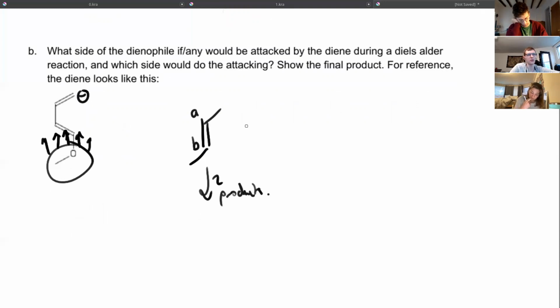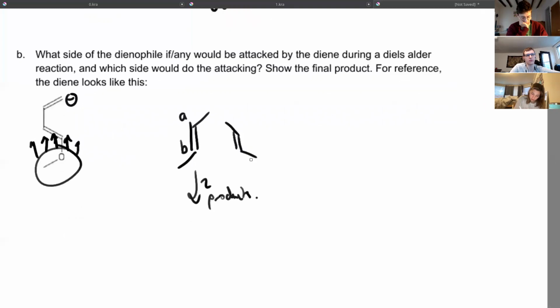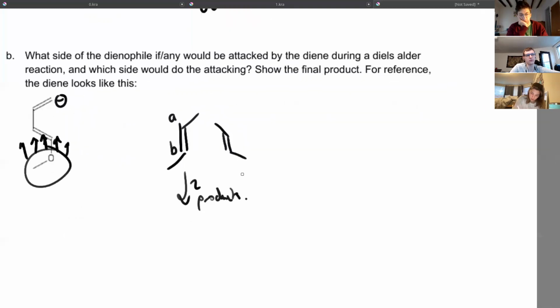Depending on whether you have this or this. Or whether it attacks A or B. I think it doesn't make a difference, actually. I think just whether it attacks A or B is enough, but it's okay, whatever.